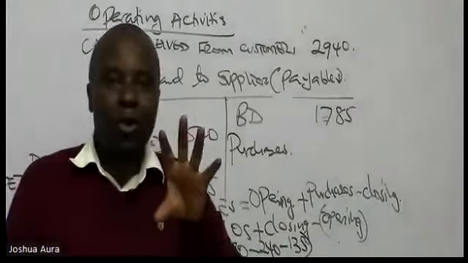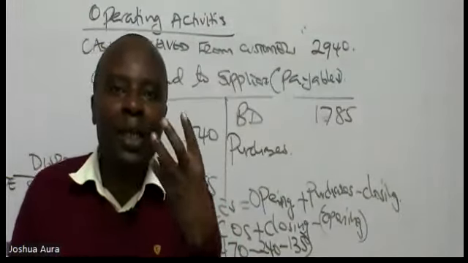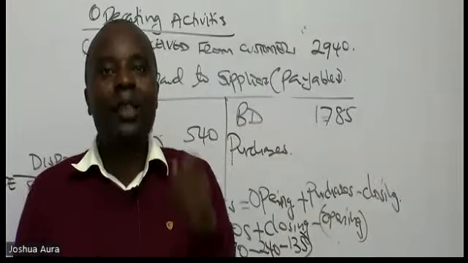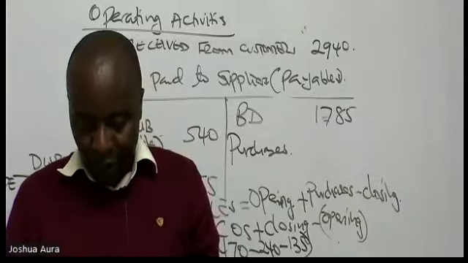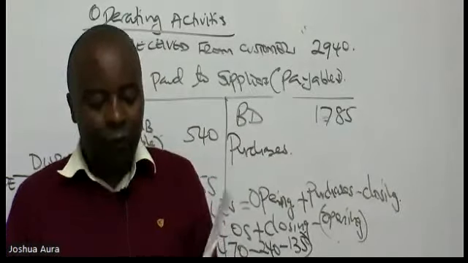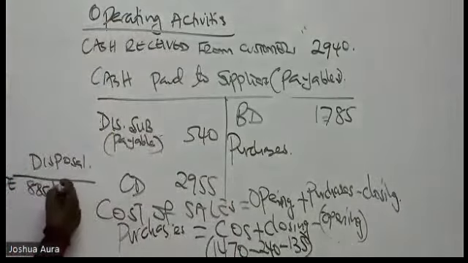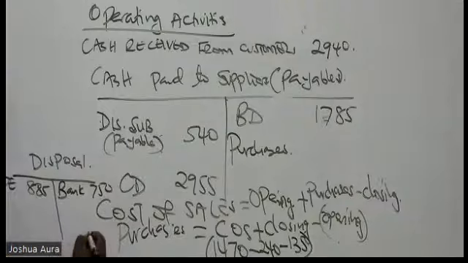The asset has gone, money has come in. When you receive this money, you debit the bank account and credit the disposals account. You're told this asset fetched 750 million in cash. So we have here bank, 750. Now we balance.